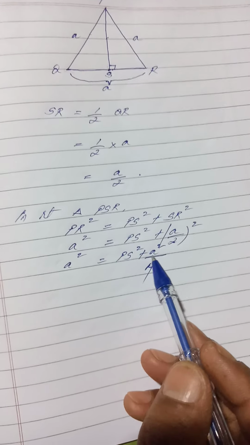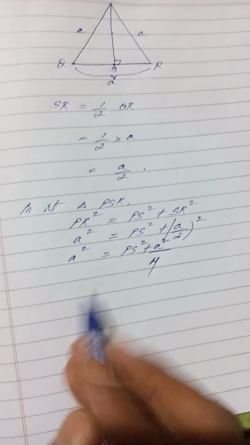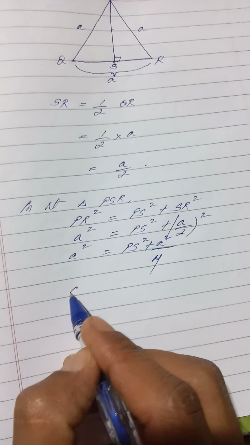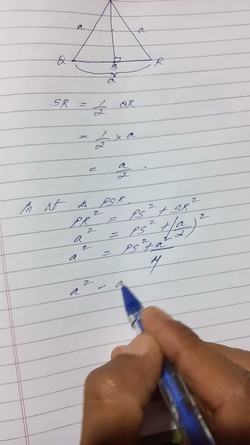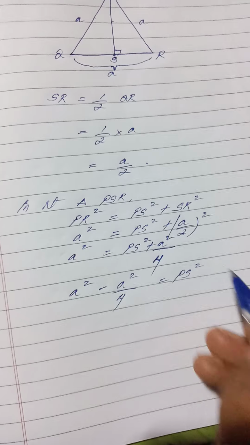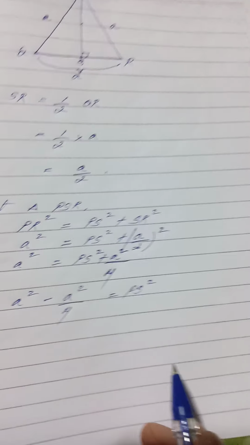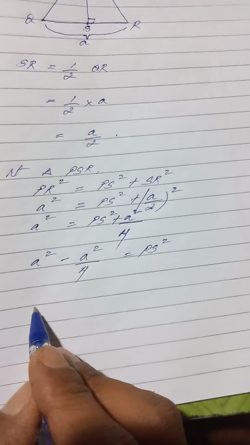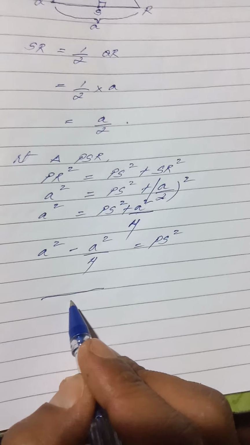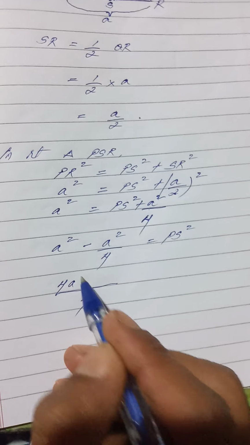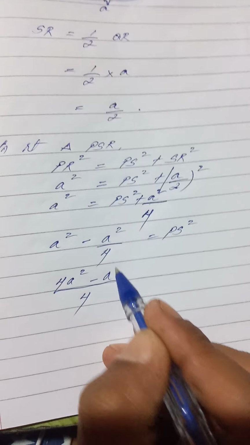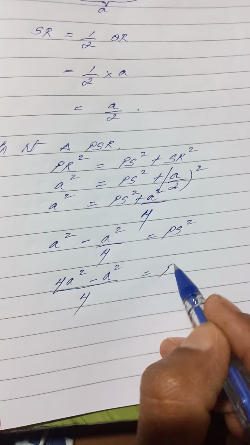So this a square by 4 we will take to this side. If you take it to this side, it becomes minus. Then let's take the LCM for a square minus a square by 4 equals PS square.